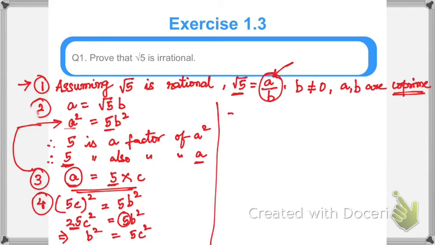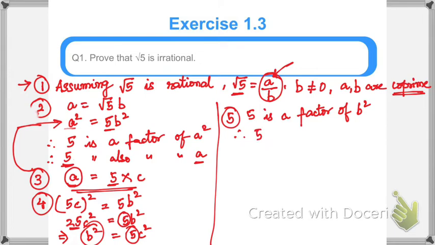So now in step number 5, you can write that 5 is a factor of b square, and therefore 5 is also a factor of b, right? By fundamental theorem, 5 is a factor of b square, and therefore 5 is also a factor of b.